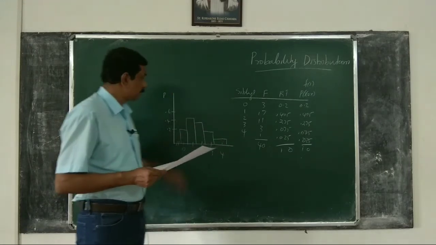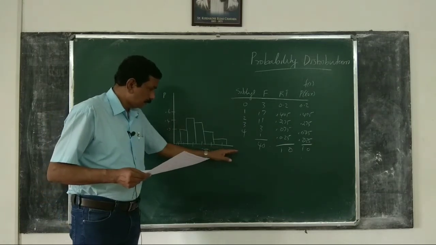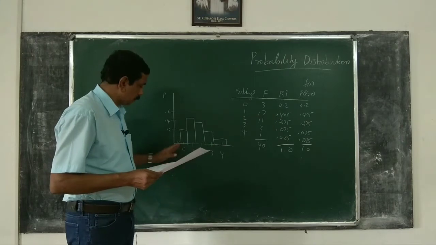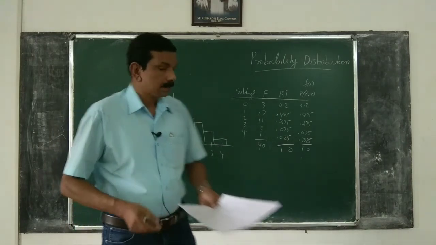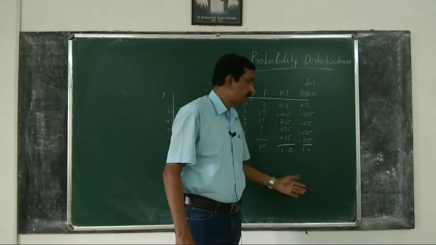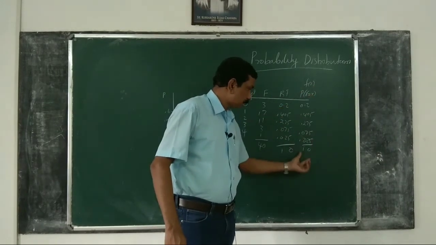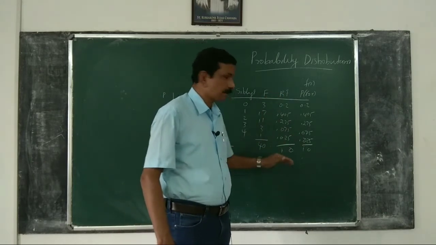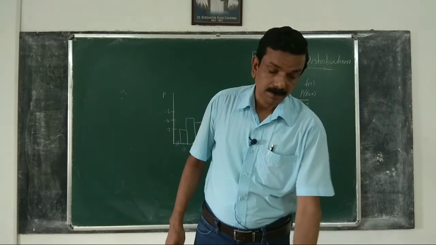Probability histogram, where probabilities are taken on the y-axis, the values taken by the variable on the x-axis. So this is the probability distribution of a discrete random variable. And remember this: probability distribution of a discrete random variable is same as the relative frequency distribution.